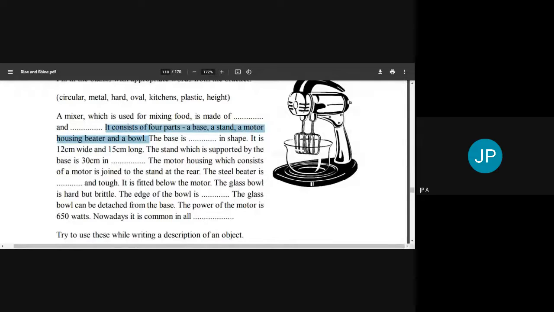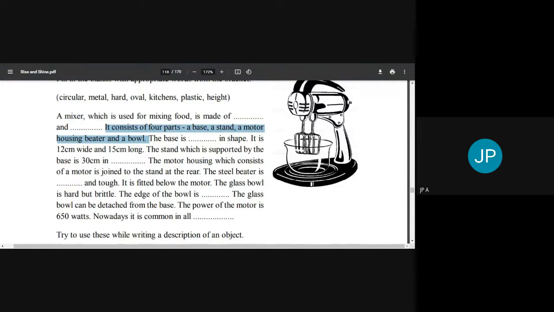Base is one. Then two is stand. Then three is a motor housing. Motor housing എന്ന് പറഞ്ഞാൽ എന്താണ്? Something that houses the motor. മോട്ടർ സൂക്ഷിച്ചു വെച്ചിരിക്കുന്ന ഭാഗം. Like we also have a motor housing for the fan. മോട്ടർ നമുക്ക് ഡയറക്റ്റ് ആയിട്ട് കാണാൻ പറ്റില്ല. It's inside a housing. So that is the motor housing.